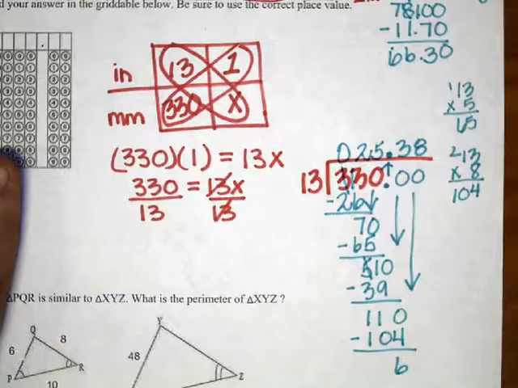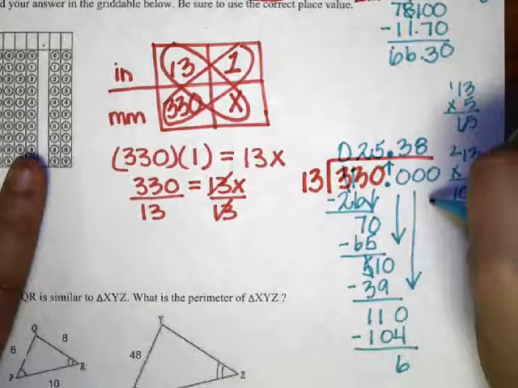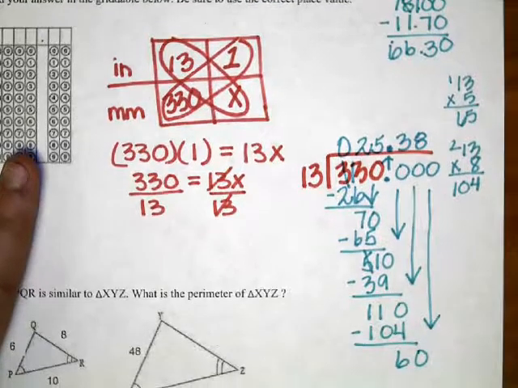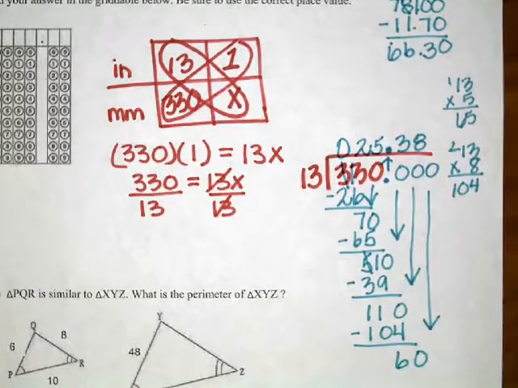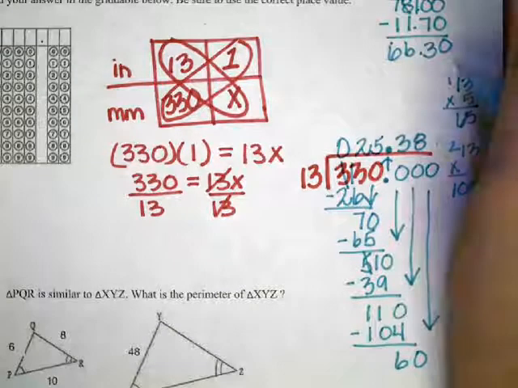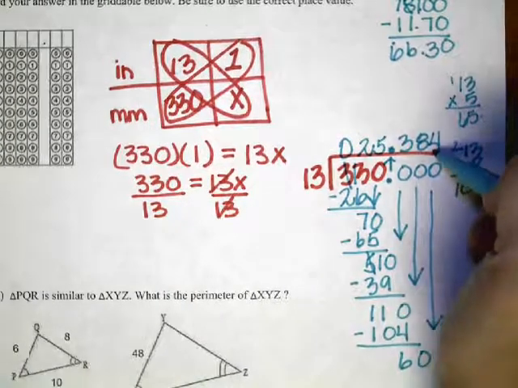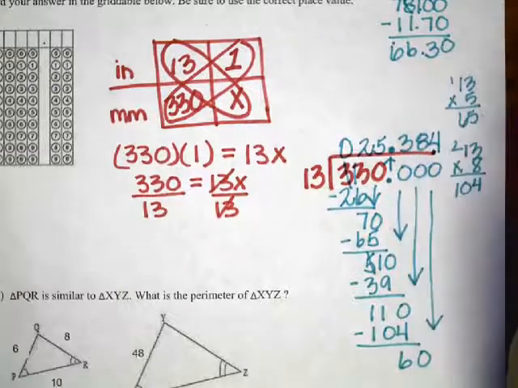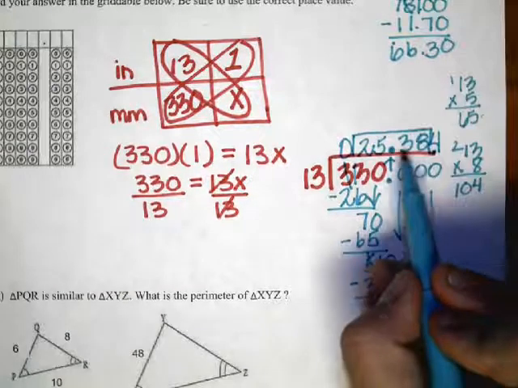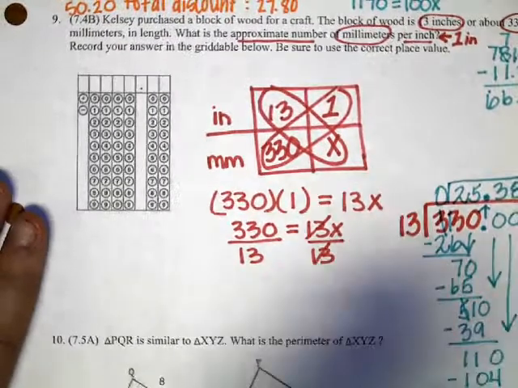To make an accurate estimate, we need to go one more space just in case we need to round up or round down. And then we have 60. We know that 13 times 5 is 65. So it can go in 4 times. Since our number in our thousands place is 4 or less, we can keep our approximation at 25.38.